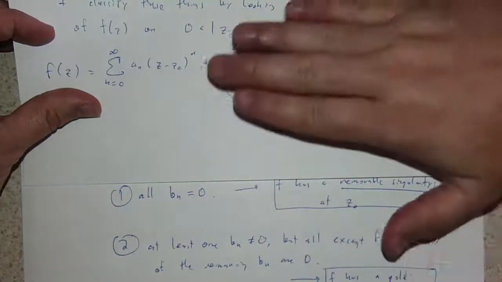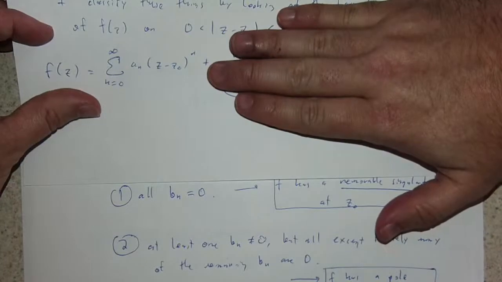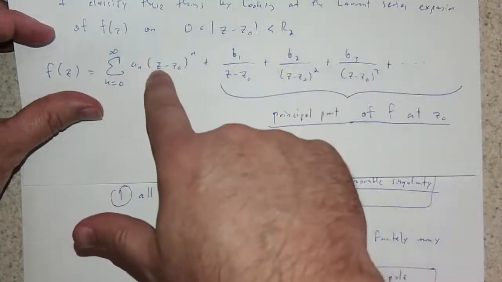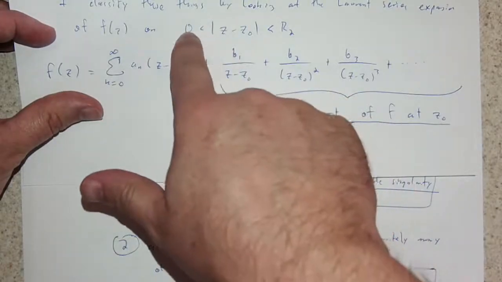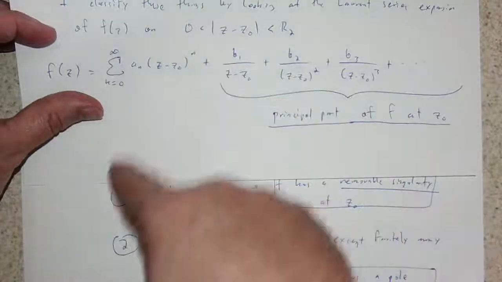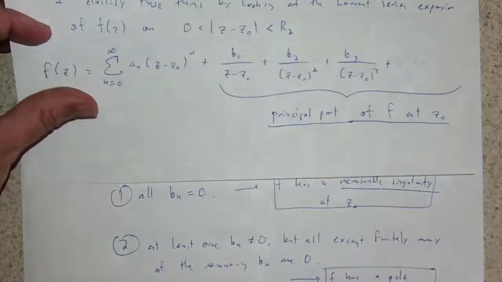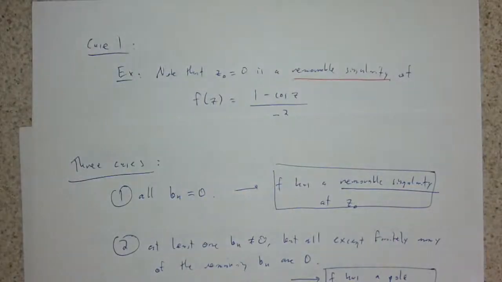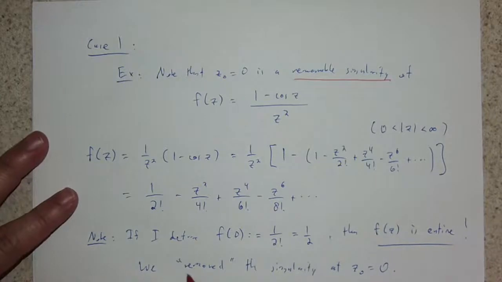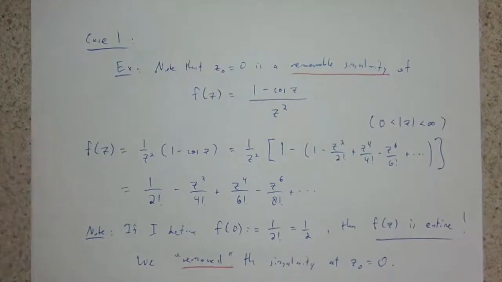And so we can actually extend this power series to the entire disk. It's no longer punctured, by looking at this and picking a value for f at z0. Okay, so that's the idea. This is one of the nicest things that can happen when you have a singularity. So we removed the singularity, and hence it's a removable singularity.